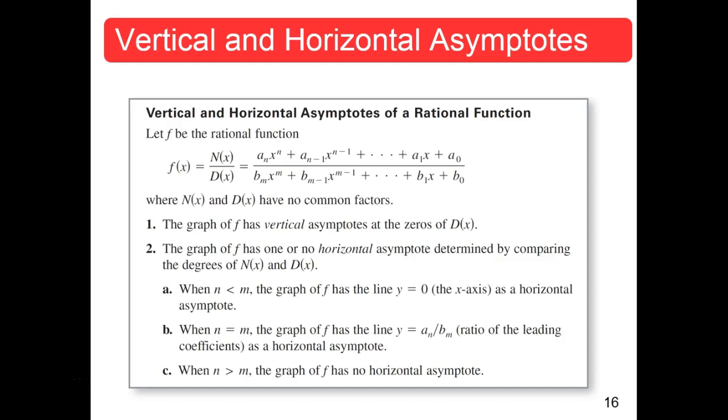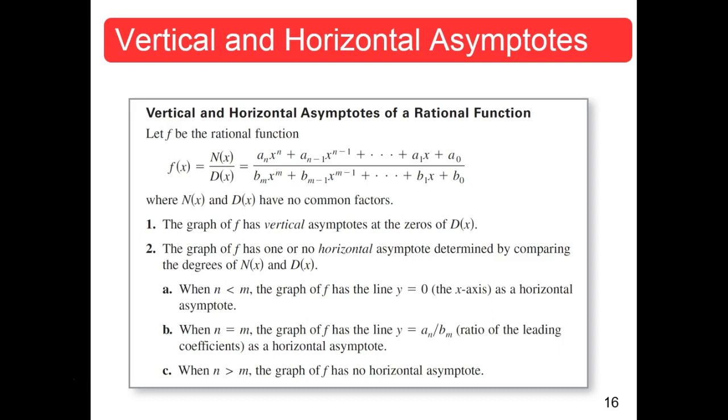That is determined by comparing the degrees of the numerator with the denominator. The degree is the maximum exponent of the numerator and the maximum exponent of the denominator. To me, I make it a lot easier by looking at just the ratio of the leading terms. Who cares about the rest of it? For the long run, these are the ones that count, that leading exponent.